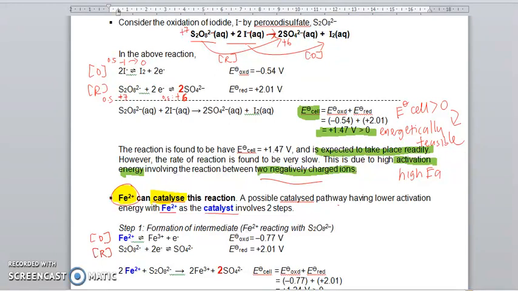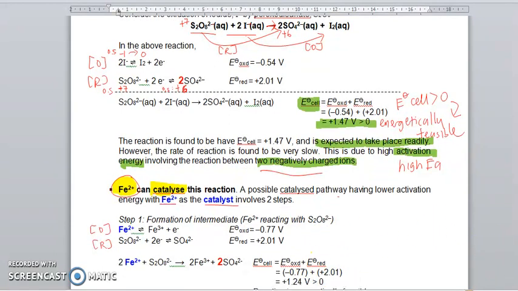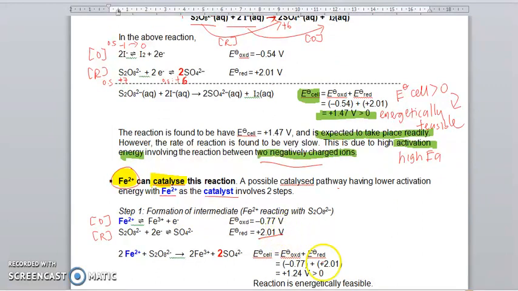So one species is oxidized, Fe2+, one species, peroxydisulfate, is reduced. And you compute the E0 cell, and you find that it is positive. E0 cell is E0 reduction plus E0 oxidation. I'm sure you are very familiar with this by now. So E0 reduction is positive 2.01. For E0 oxidation, please flip the sign, it is negative 0.77.